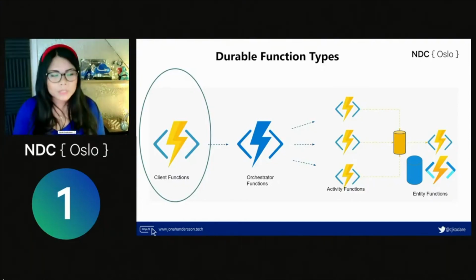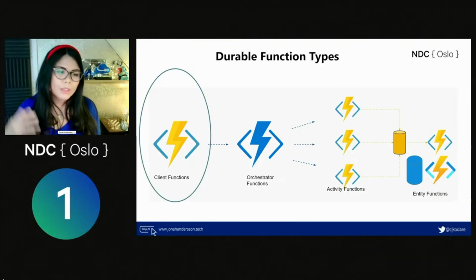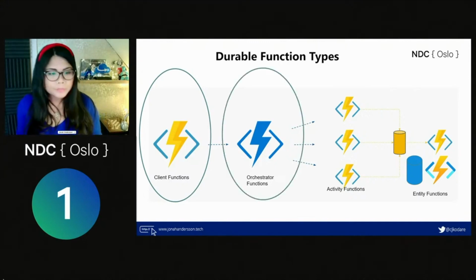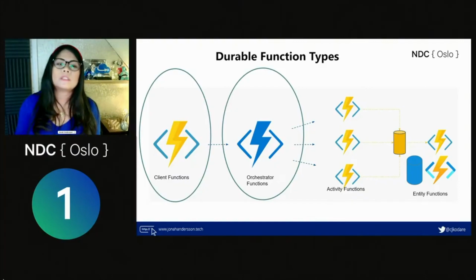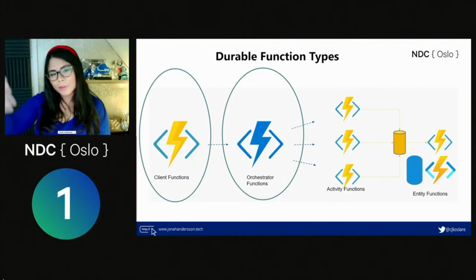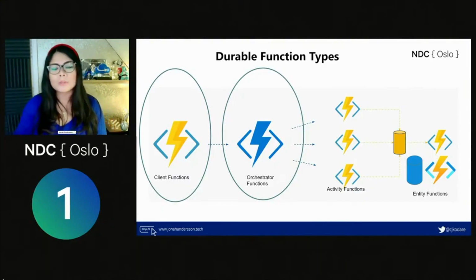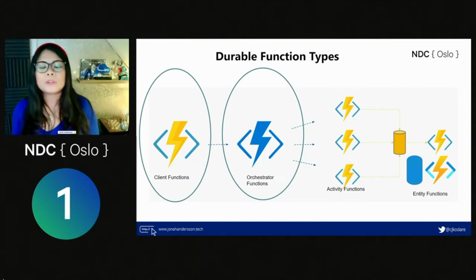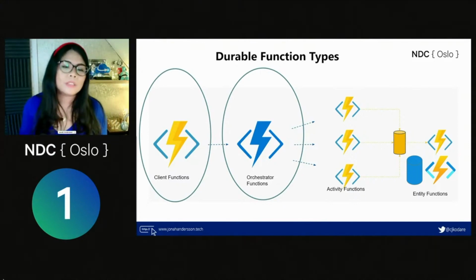Client functions can be an HTTP trigger or a blob trigger, an event. This is where the event starts. And then the orchestrator functions. This is the heart of your workflow, because this is where you write your workflow, how your tasks or activities would be executed and when they are executed.